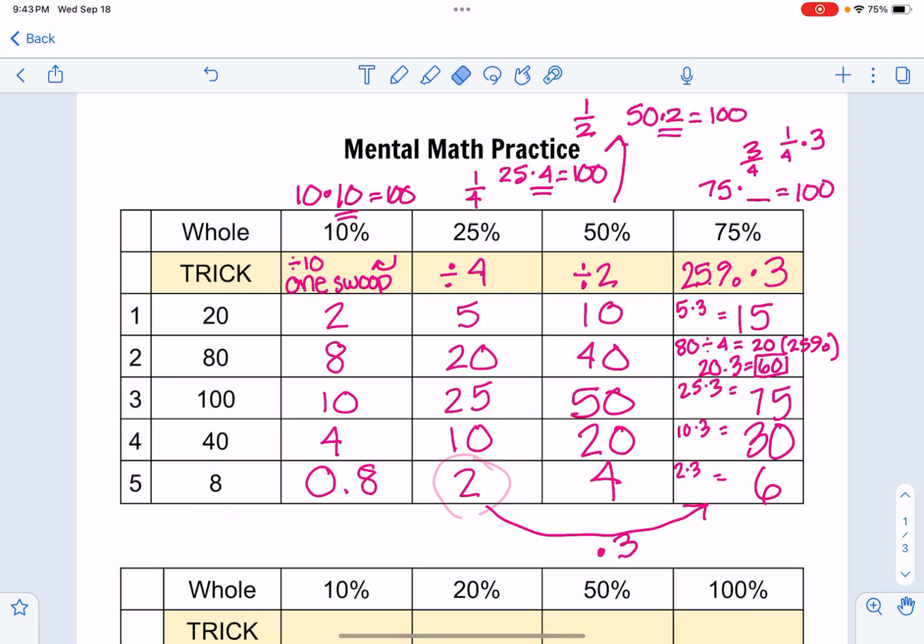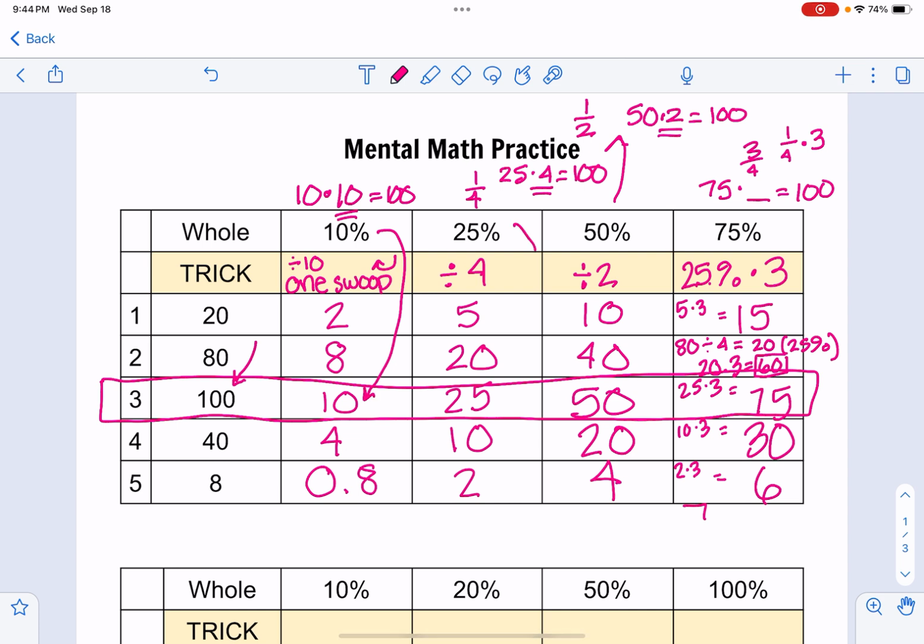75% is definitely a harder one than 10% or 25% or 50%, but now you know how to do it at least. One last thing I want to show you before we leave this section is the answers to problem 3. Since the whole in problem 3 was 100, each of the percent answers we found matched with the percent they were asking about.